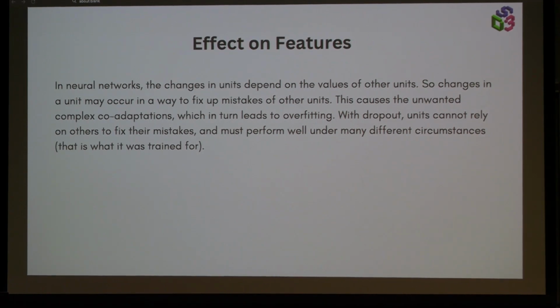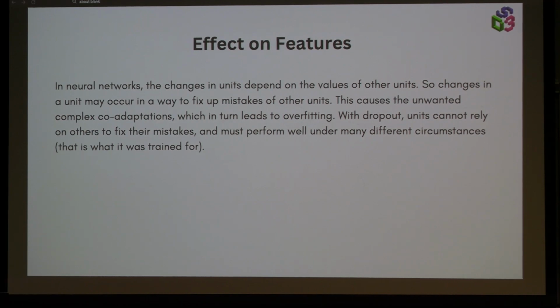In neural networks, the modifications you do in one unit depend on the activations or the values in the other units, right? So changes in one unit in a regular neural network might happen to fix up mistakes of some other units, right? So this unit is messing up, but all of these units that are connected to it are fixing it. These are the co-adaptations that we don't want, right?